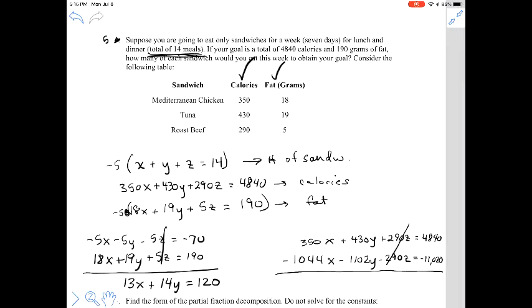We eliminate z again. Could we have used a different variable? You can do any one you want.